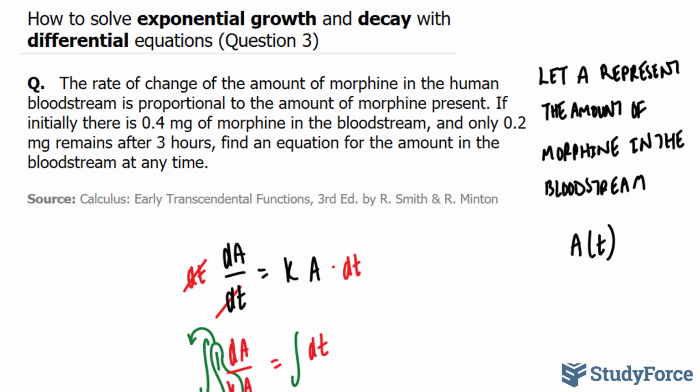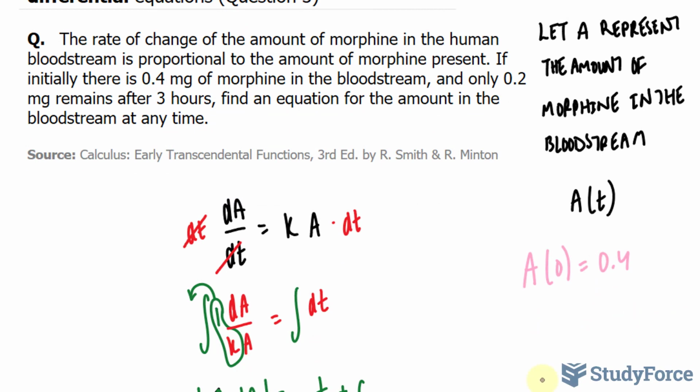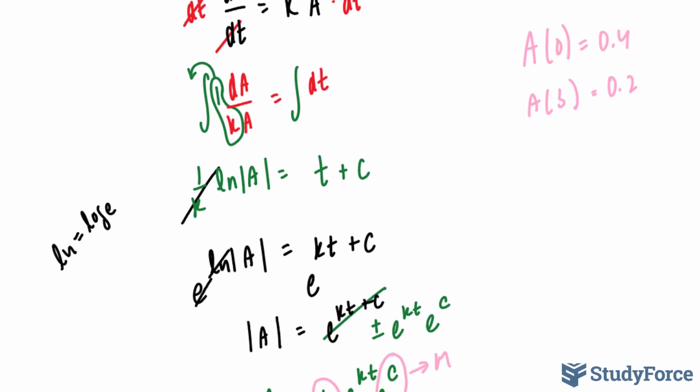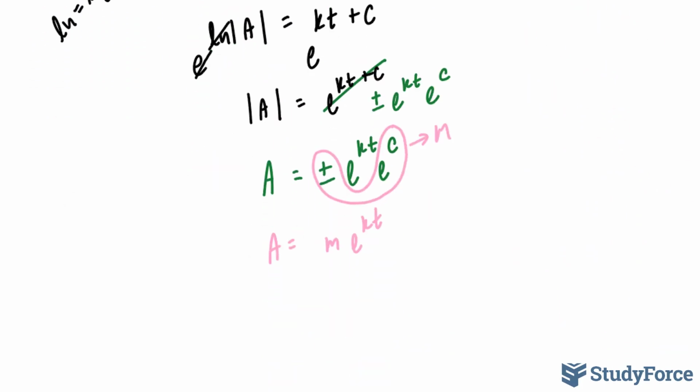And let's go back to our question. We're told that initially, so when t is equal to 0, we have 0.4. Then, 3 hours later, so our t here is in hours, A of 3 is equal to 0.2. I'm going to go ahead and substitute 0 and 0.4 into my growth equation.